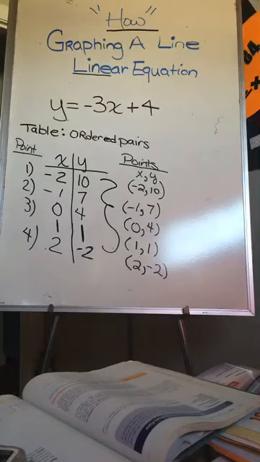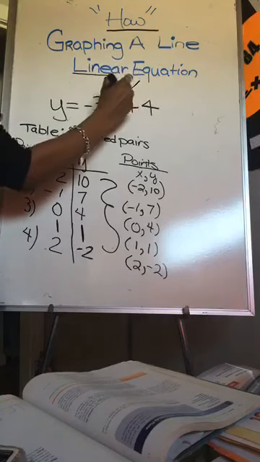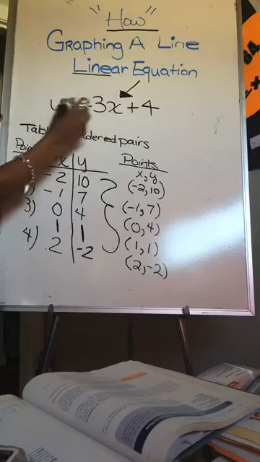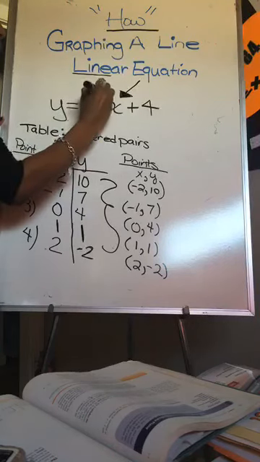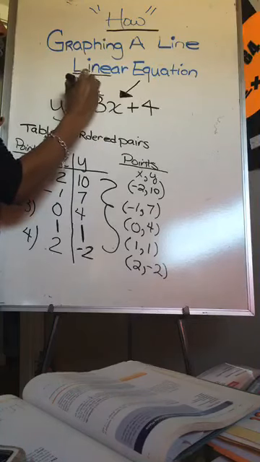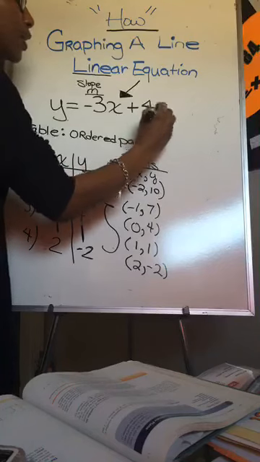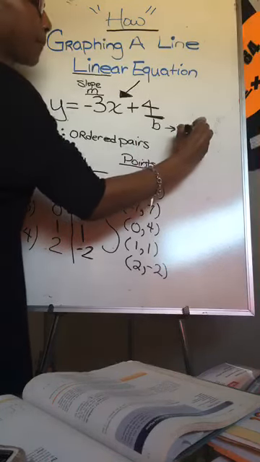Okay? Just want to make sure this is our equation here. This is called our linear equation. Y equals -3x plus 4. Remember, this is your slope here. M is your slope. And 4 is your B, which is called your y-intercept.